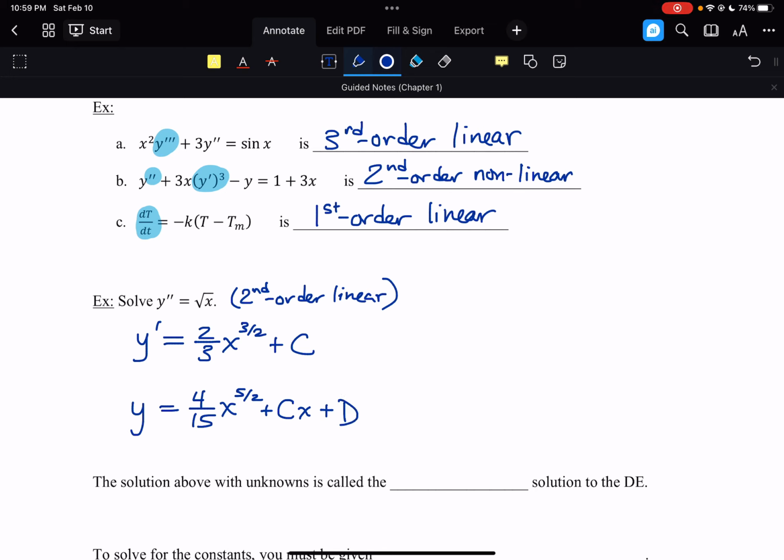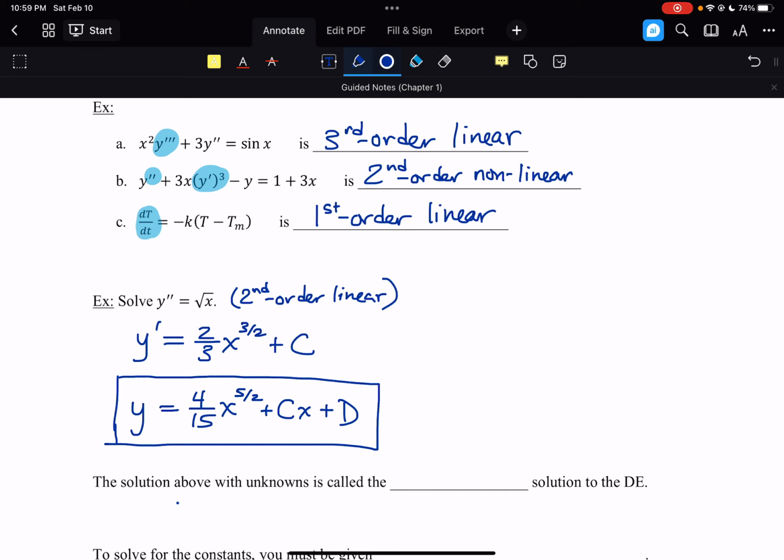So that'll be plus d. So this would be our solution to the differential equation. So anything that has this general form would be a valid solution to that relationship.